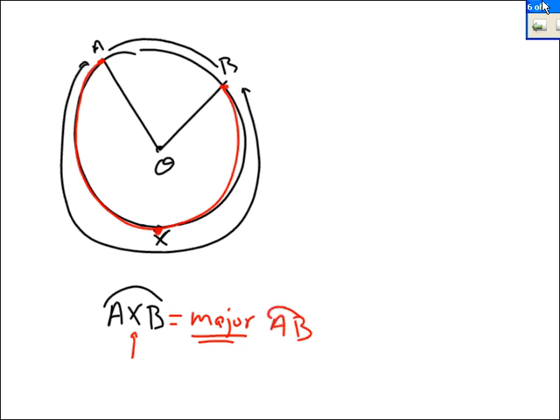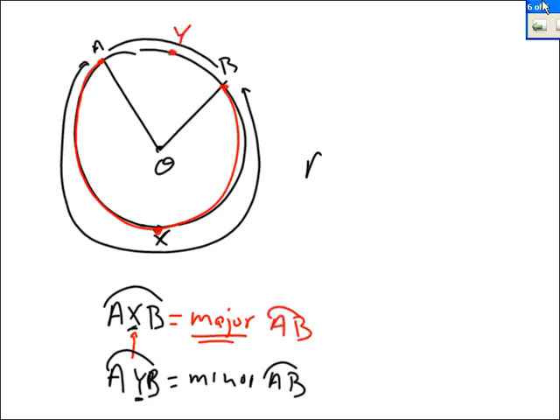If between A and B was a point Y, we can say arc AYB. And that would mean, in this case, the minor arc AB. So, if it's not very clear which arc we're talking about, insert a second letter.